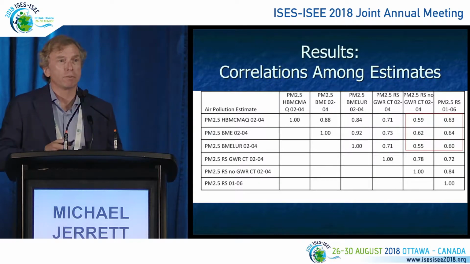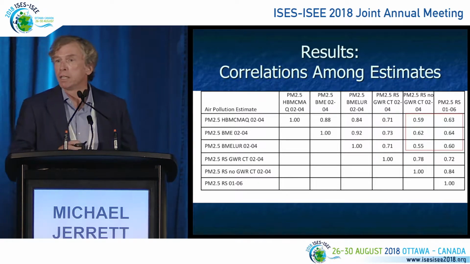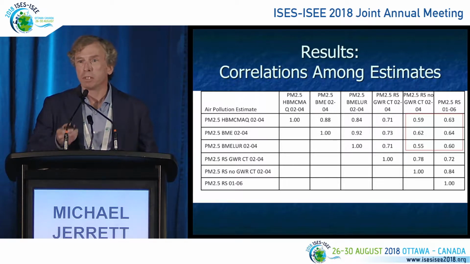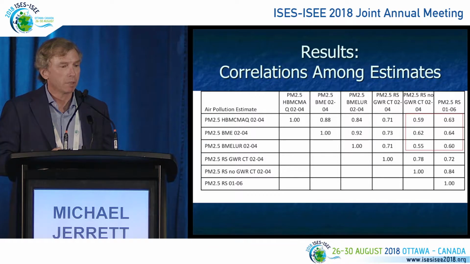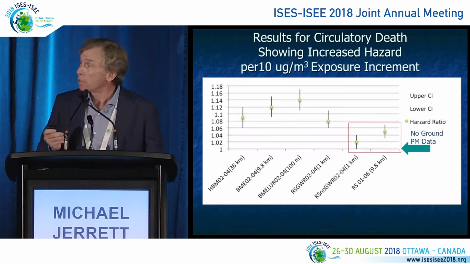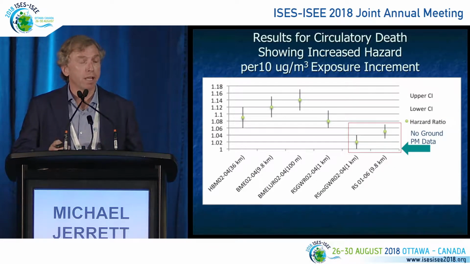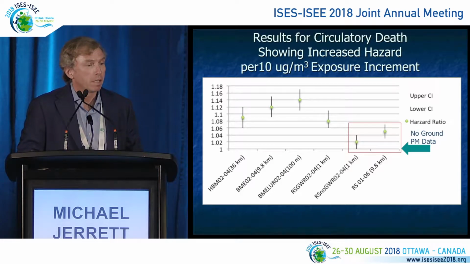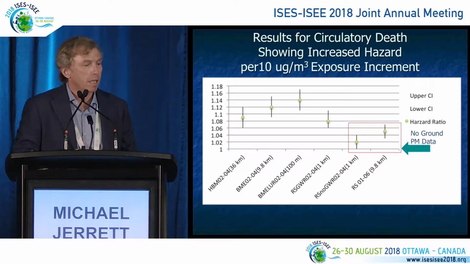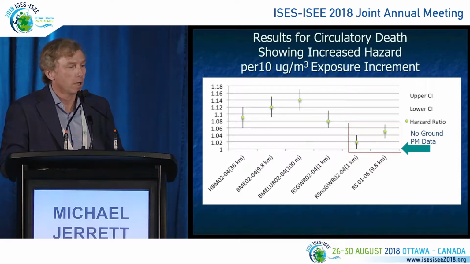So there's something very different when we don't include the ground data. And I think this is probably echoing what Ted has talked about. We're getting biased because we're not calibrating correctly to the ground. So does it make a difference in predicting health effects? Absolutely it does. So if we look at this over in your far left, that's the fused EPA model.